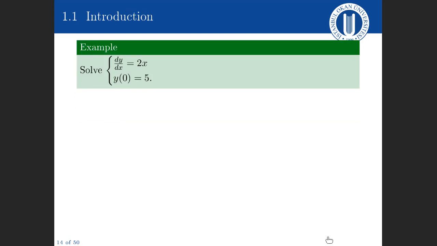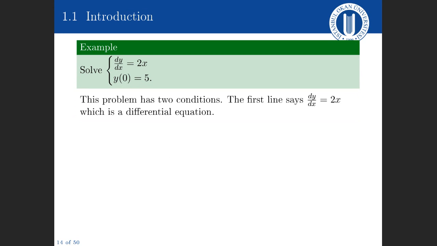Or I might give you problems like this. Solve dy dx is equal to 2x with another condition, with the condition that y of 0 is equal to 5. In this problem, we have two conditions. The first line, dy dx equal to 2x, is a differential equation.